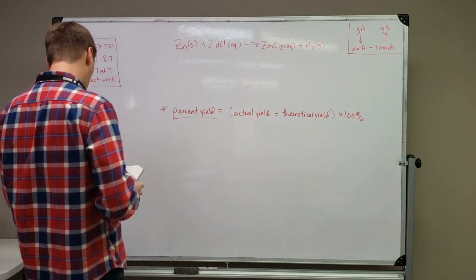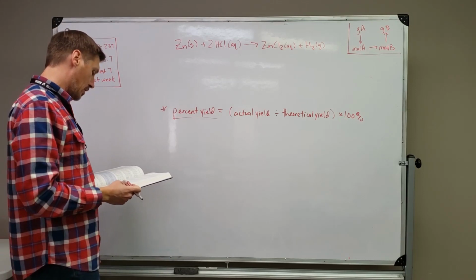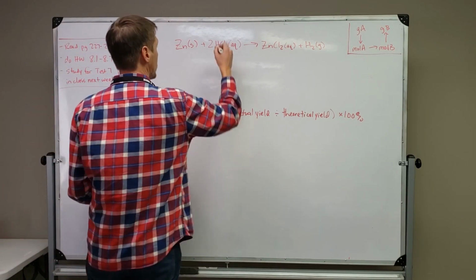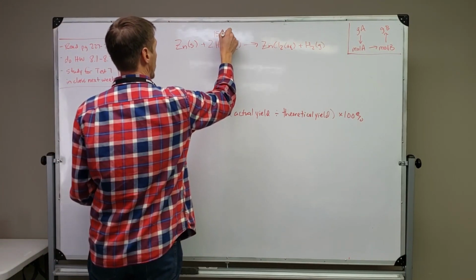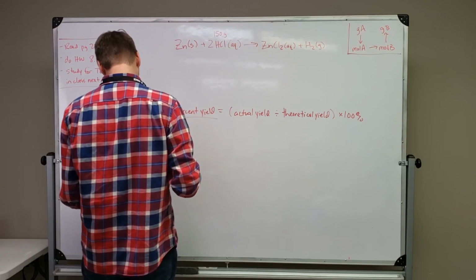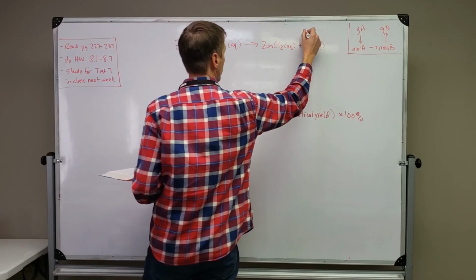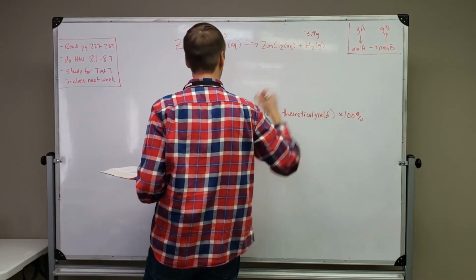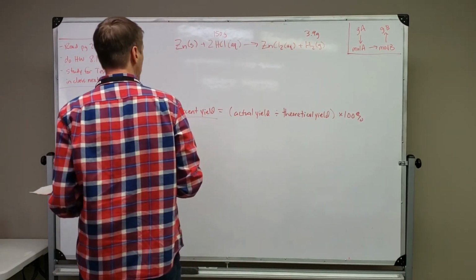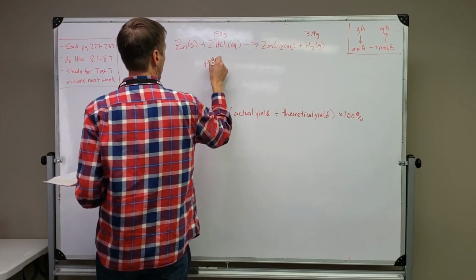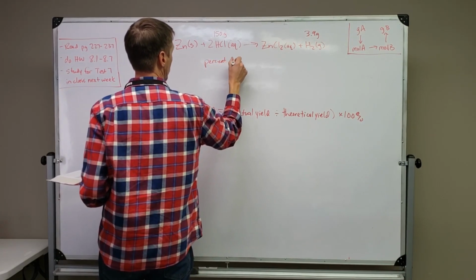And it says the chemist uses an excess of zinc and 150 grams of HCl. So we have 150 grams of this. And when she collects the hydrogen gas, she finds she made 3.9 grams of this. What is her percent yield? Percent yield.